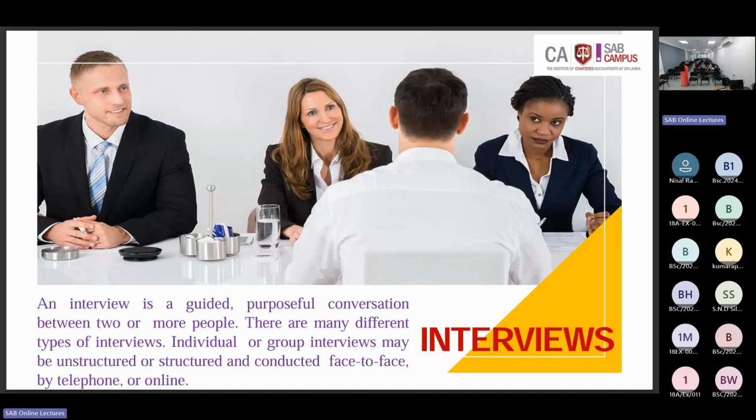But there should be a specific reason. Always a purpose should be there, always an objective. Otherwise, we are also having a discussion right now. Is this an interview? No, right? This is not an interview. So a specific purpose should be there, and two or more individuals should be there. Then we can call it an interview.